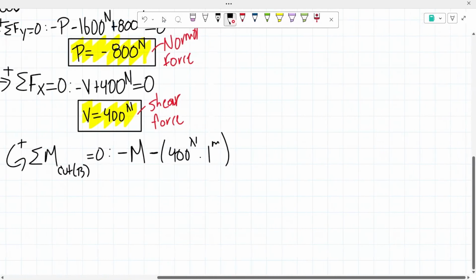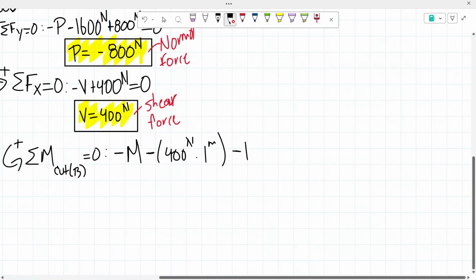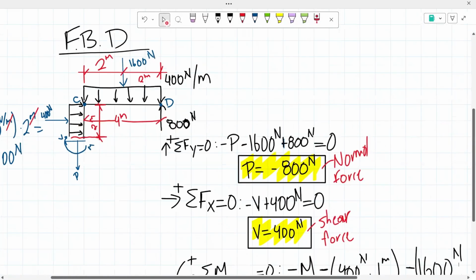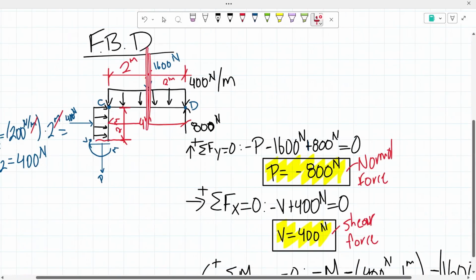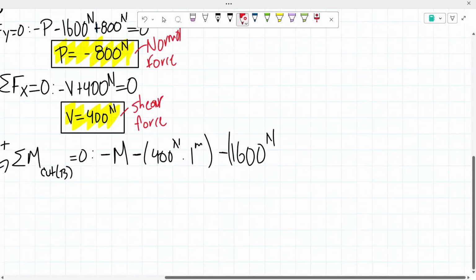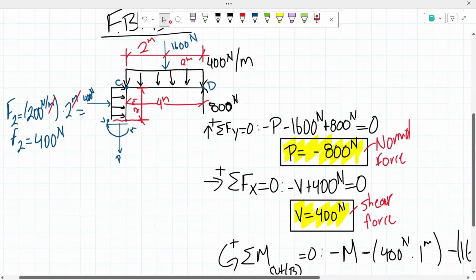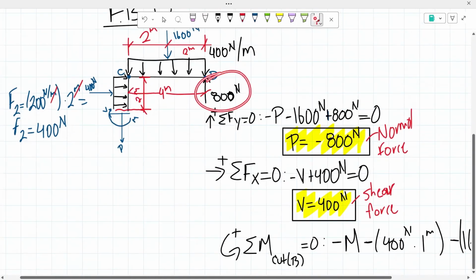So we have a negative moment of 1600 newtons. From here to here, there is a distance of 2 meters. So times 2 meters.